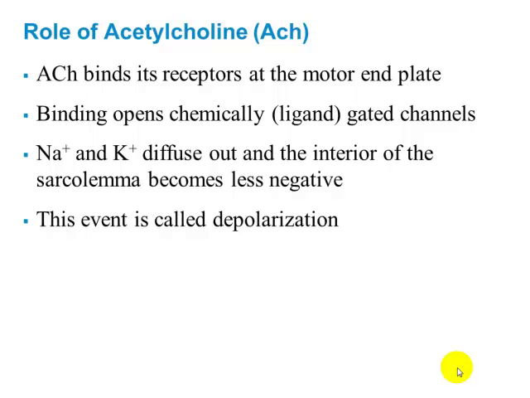In terms of the neuromuscular junction, what's going to kick this off on the muscle side of things will be the binding of acetylcholine. Acetylcholine is a neurotransmitter. It gets released from a neuron, crosses the synaptic cleft, and binds to what's called a ligand-gated or chemically gated channel. When it binds, it will open that channel, and we'll see movement of sodium ion and potassium ion.